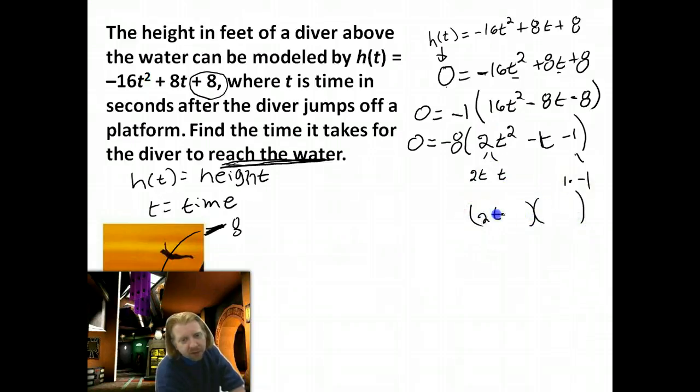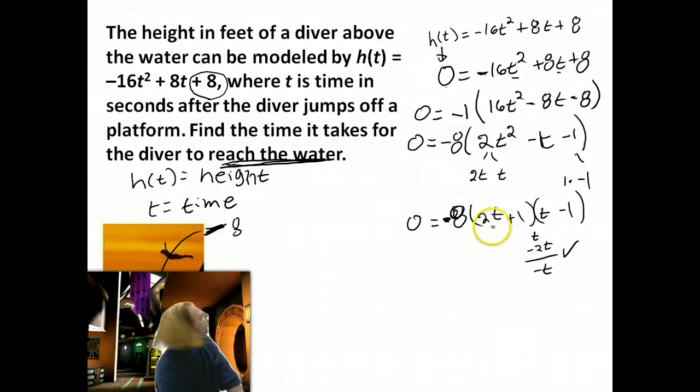I think 2t, t, plus 1 and minus 1. So that's t minus 2t is negative t. That checks out. This must be the fully factored form. So negative 8 times 2t plus 1, t minus 1 is the factored form.